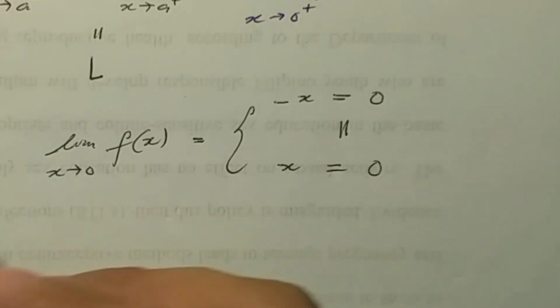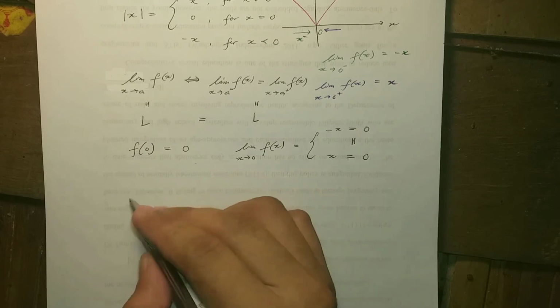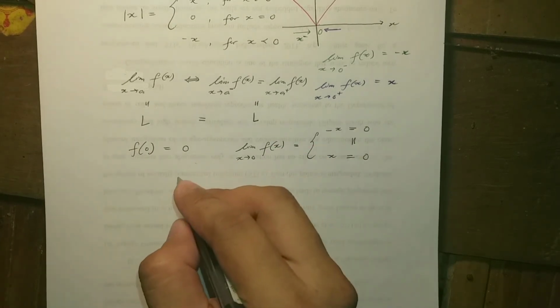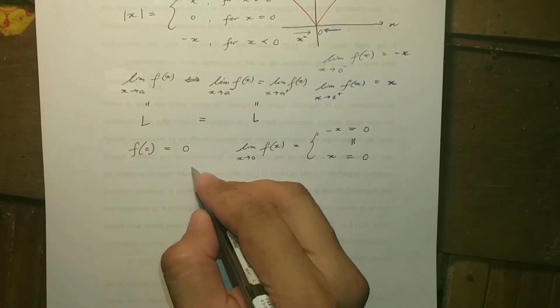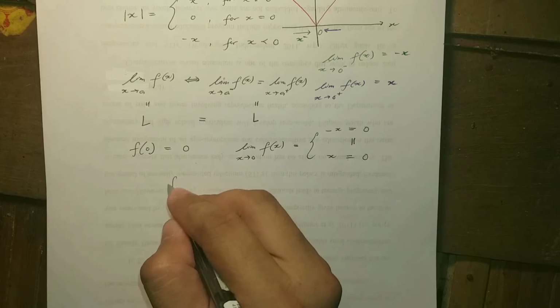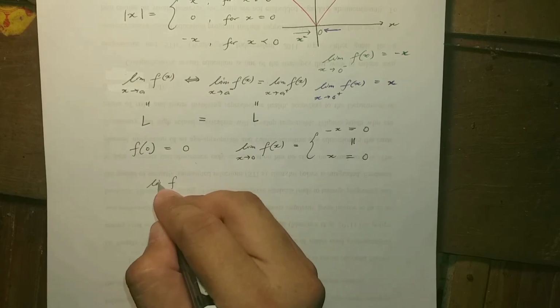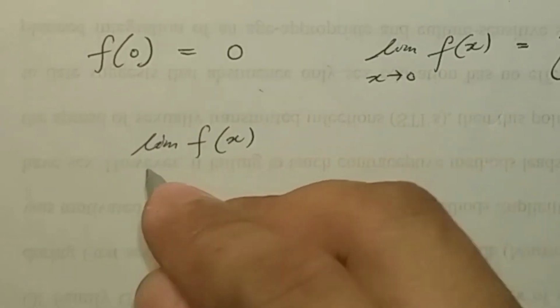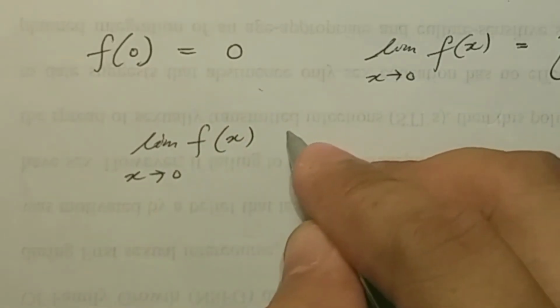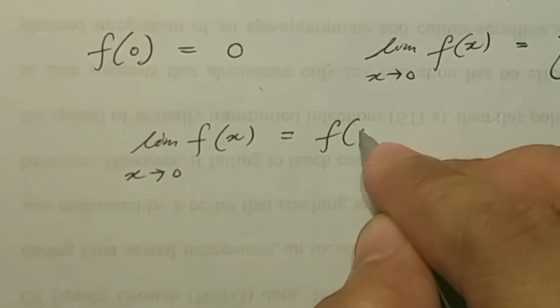Now, applying the definition of continuity, the limit of f of x as x approaches 0 is equal to f of 0.